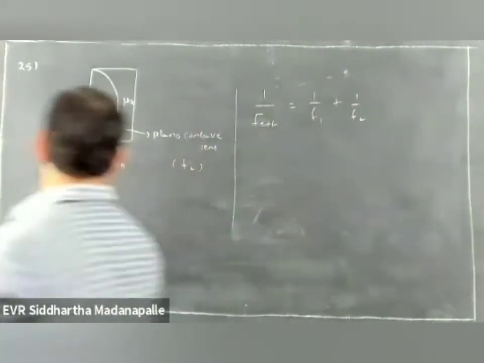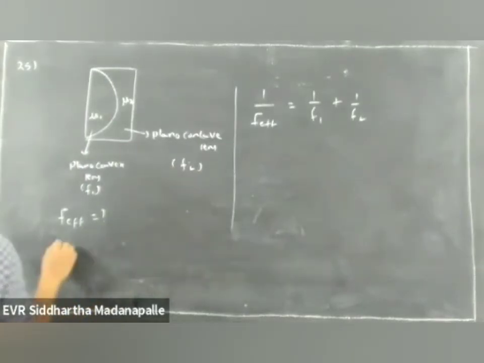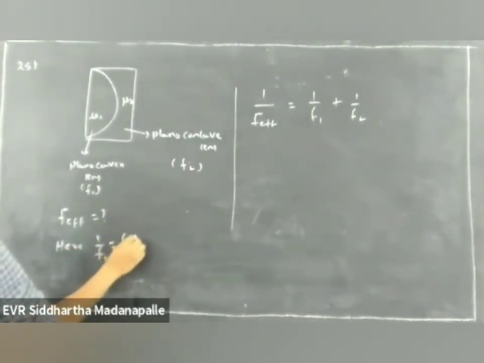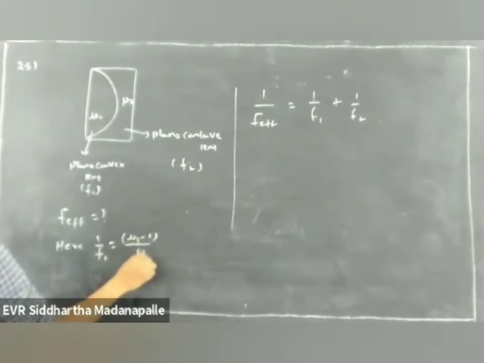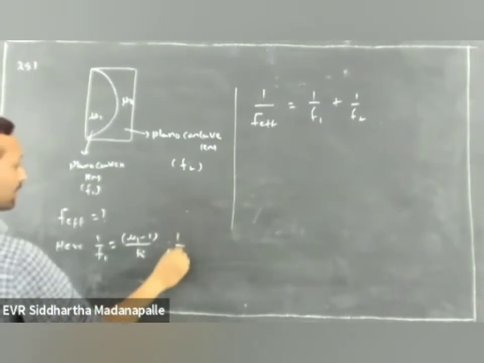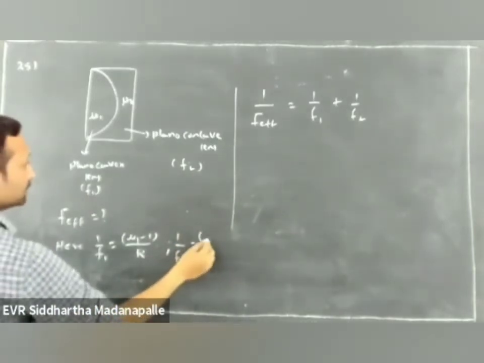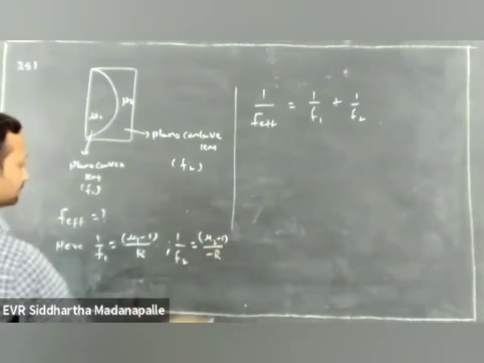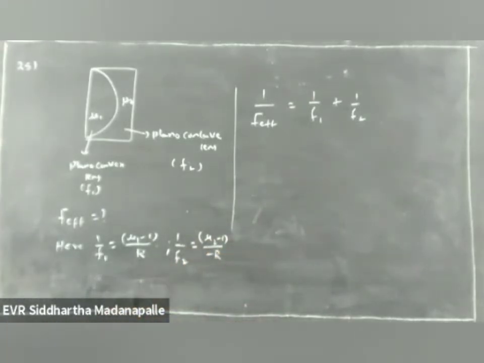Now what is f1 and f2 here? 1 by f1 is equal to mu1 minus 1 by capital R, because it is convex, so I have to take the positive sign. And 1 by f2 is equal to mu2 minus 1 by minus R, since it is plano-concave, we have to take the negative sign.